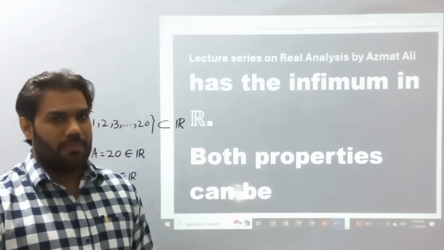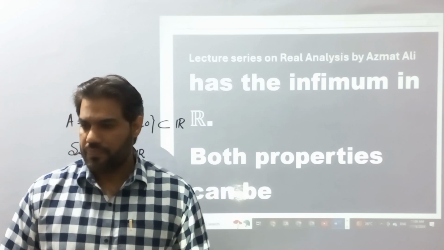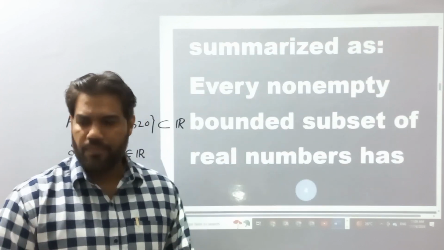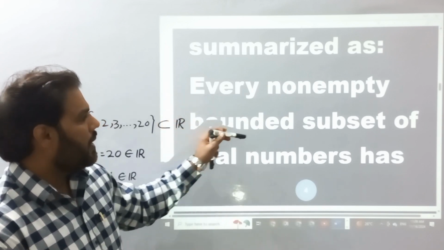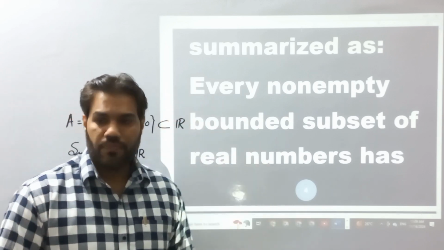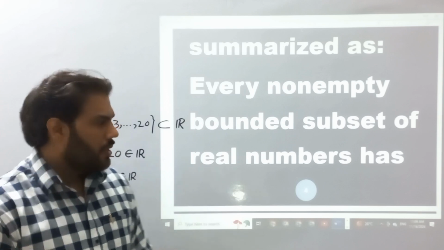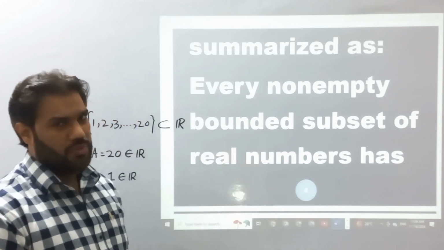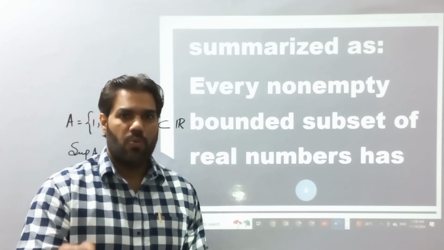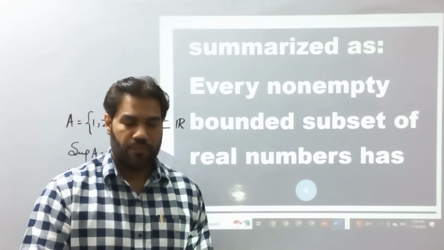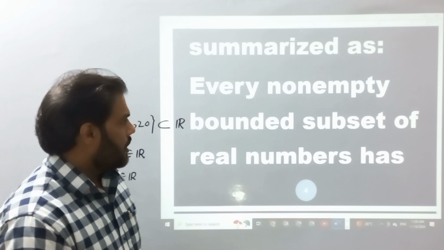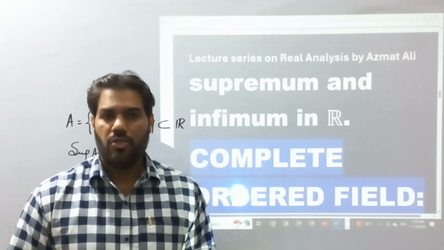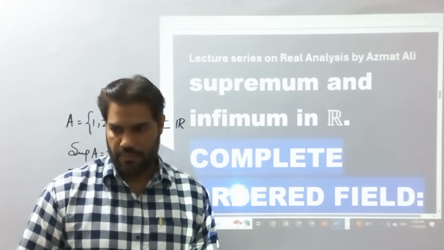Both properties can be combined as: every non-empty bounded subset of real numbers. Here, a set is called bounded if it is bounded above as well as bounded below. So every non-empty bounded subset of real numbers has the supremum and infimum in R.